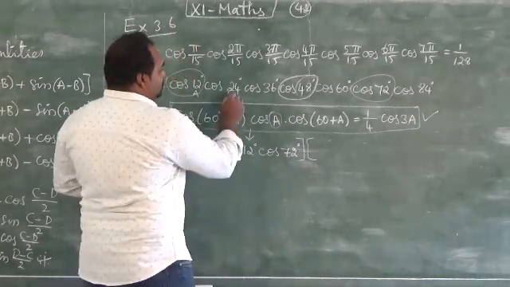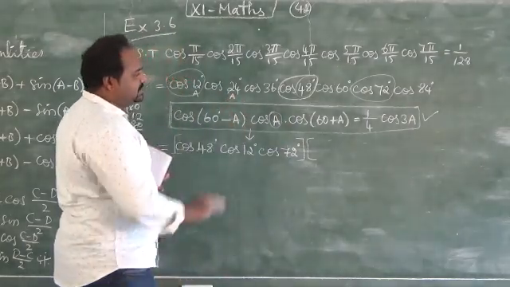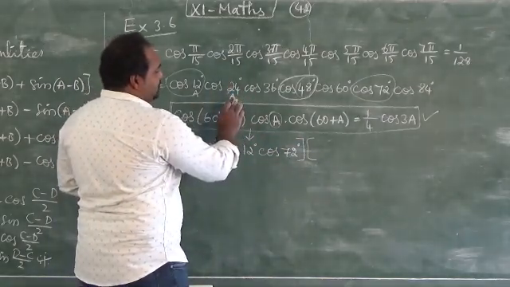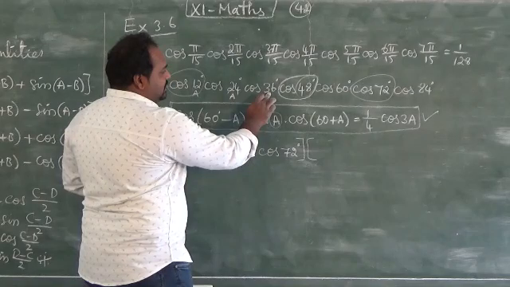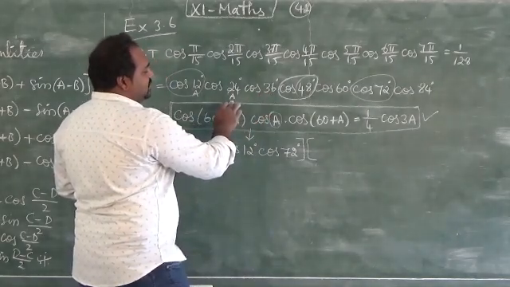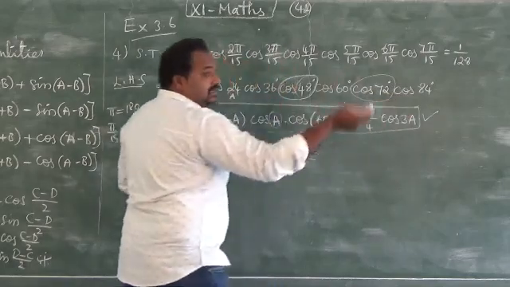If you take 24 as A for the next arrangement, 60 minus 24 is 36, so we have the first order. Second, 60 plus 24 is 84, we have the third order.